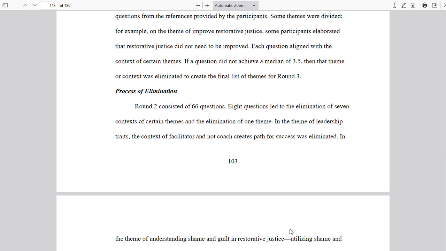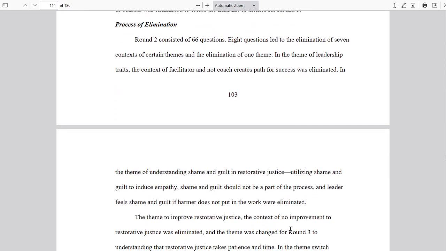8 questions led to the elimination of 7 contexts of certain themes, and the elimination of 1 theme completely. In the theme of leadership traits, the context of facilitator and not coach creates path for success was eliminated.